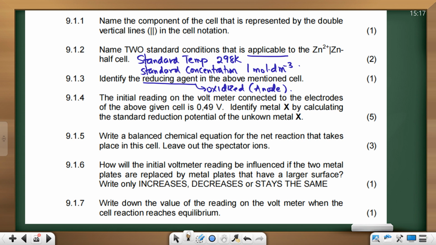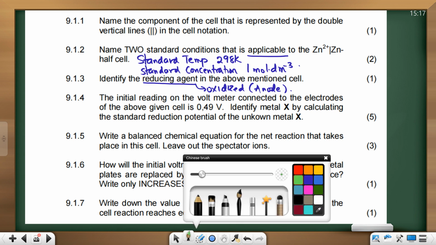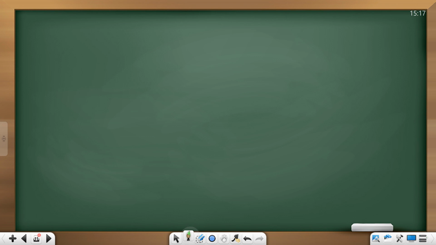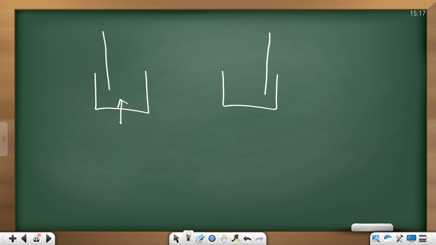Okay. Oh, Brown gave me an answer. They will increase. The question is, why will they increase? Let me quickly explain why they would increase. Now, guys, when I have that there, we say that the standard concentration here is 1 mole per dm cube.